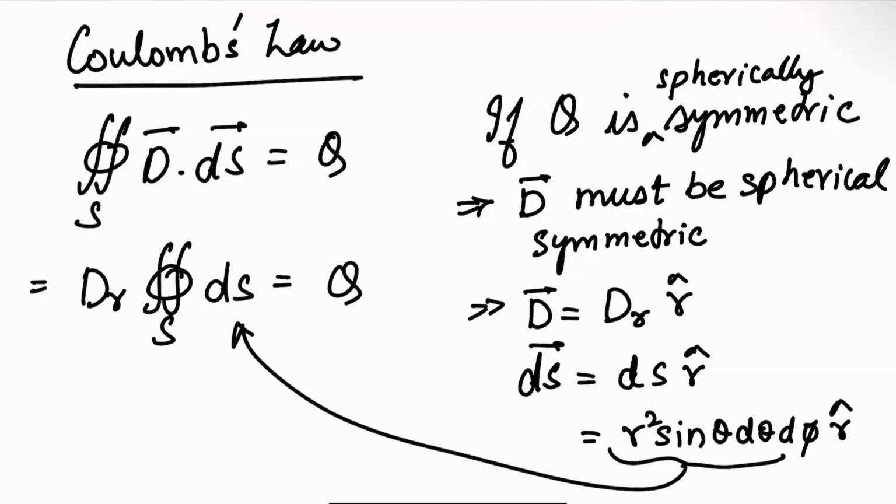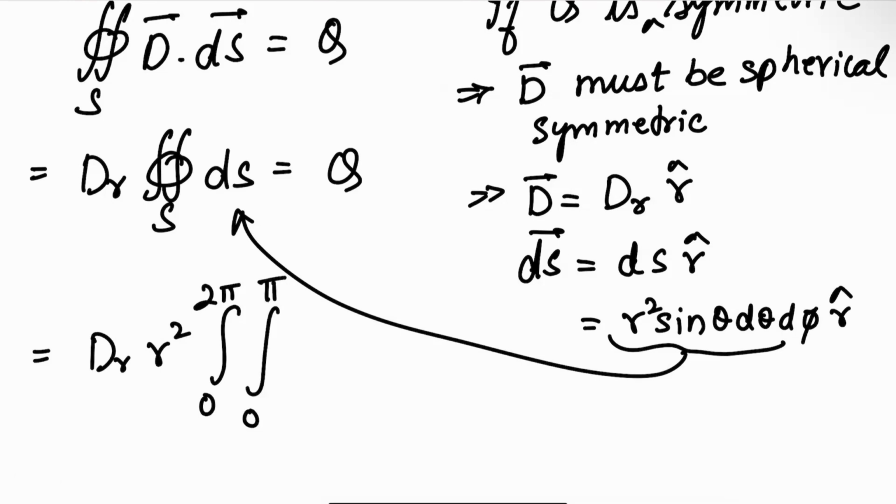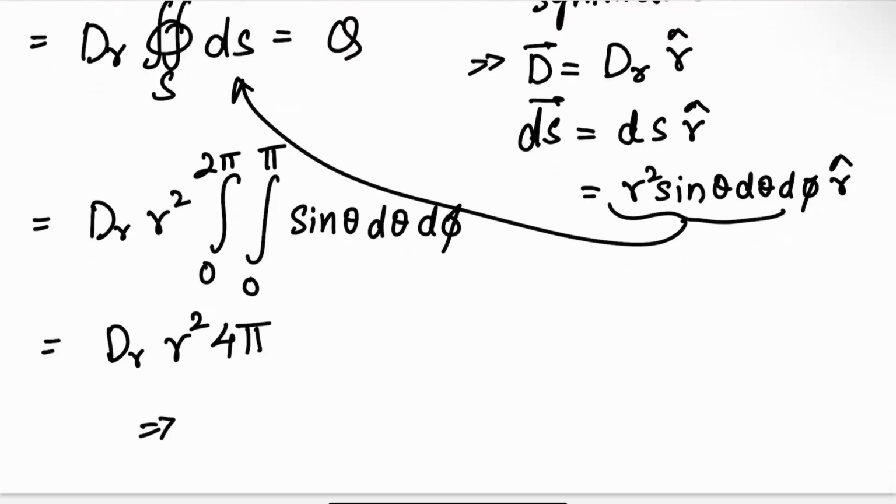This surface integral is over the surface of the sphere, so you're only changing theta and phi. So this is D_r r squared, phi integrated from 0 to 2 pi, theta integrated from 0 to pi, sine theta d theta d phi. And this evaluates to 4 pi, which means that D_r is Q over 4 pi r squared.